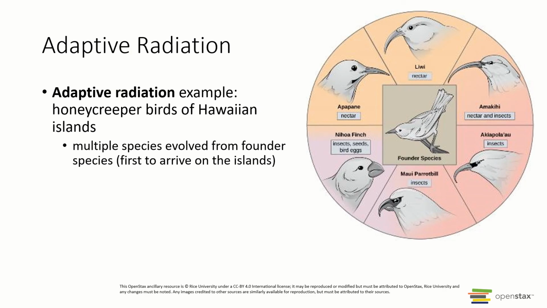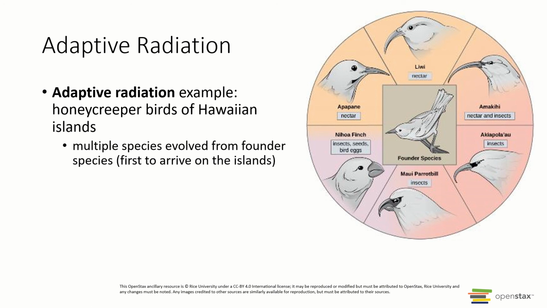So there have been several of these. One is the Galapagos finches, and another is these birds in Hawaii called honey creepers. Most of these are nectar eaters. You can see nectars or insects, and this one with this really big bill also eats bird eggs of other birds, obviously not its own.